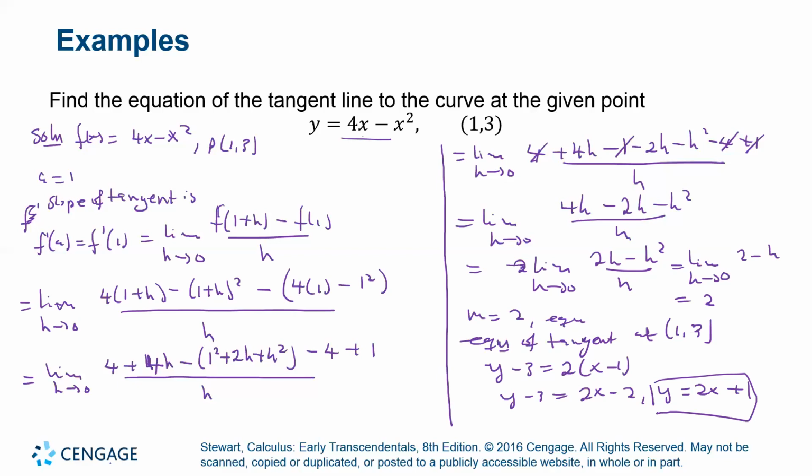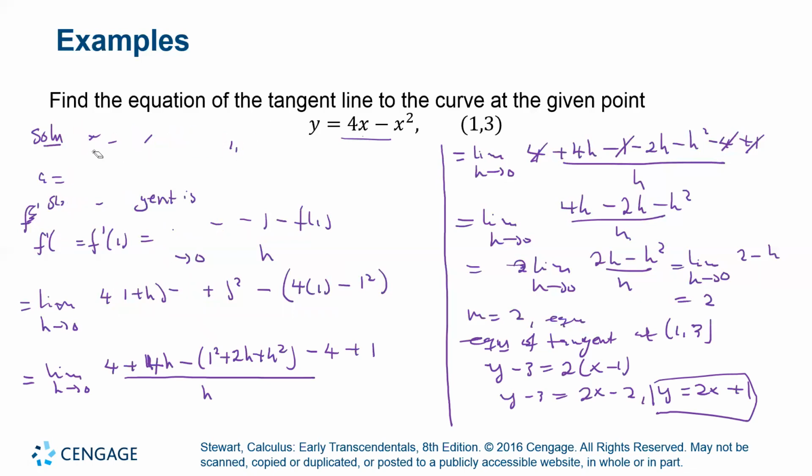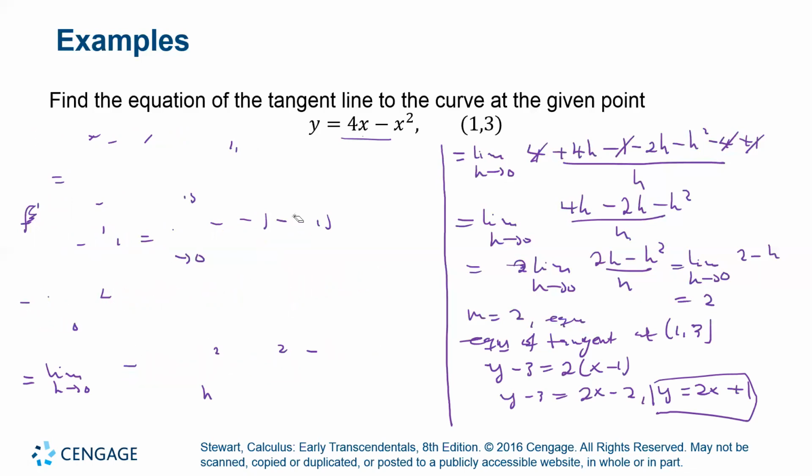Let me erase this part because I didn't have the space there. I'll just use it to find the slope, just to show you that if you use both formulas, you get the same answer. In this case, we got 2. So let me show you that, and then I'll leave the equation part for you to do, because it should be the same as I have here.